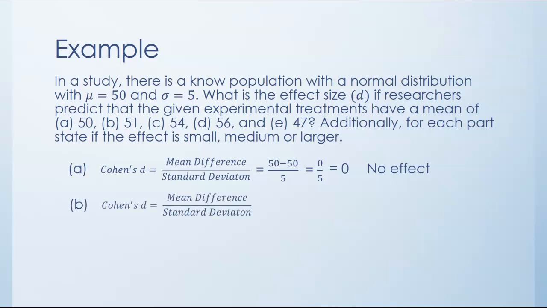So let's do B, which is 51. So I do 51 minus 50. So I get 1 over 5, or 0.2. That would be a small effect according to my chart on the previous slide.